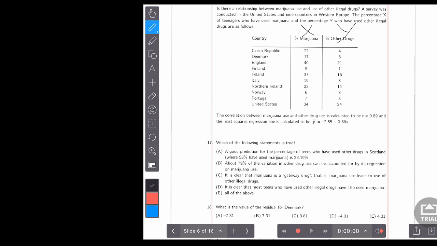For the first one then, if for Scotland, you know that 53% use marijuana, what you have to do is put this in here as X and see what you get for Y. If you put this in as X, what Y do you get? If it's not 28.19, then that is not the right answer.